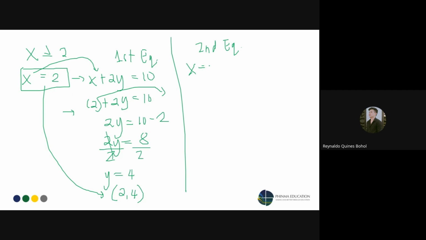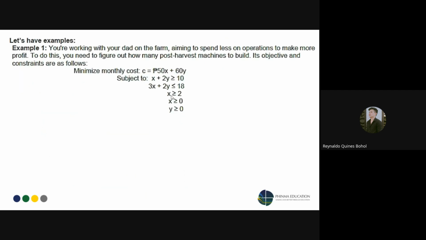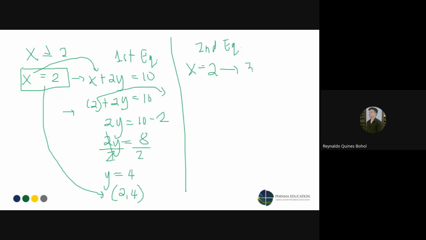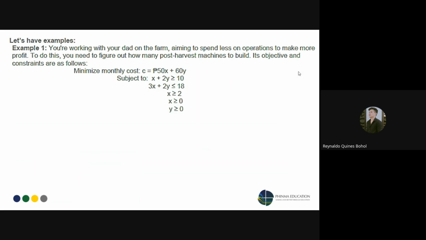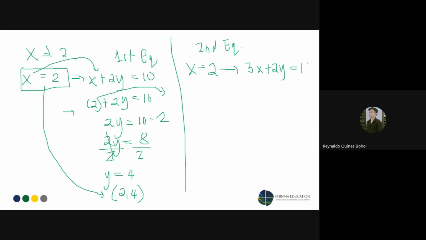So x is equal to 2. So 3x plus 2y equals 18. Kunin natin yung y-intercept niya. Yung 2, lalagay natin sa may x. So magiging 3 times 2 plus 2y equals 18. So yung 6, ililipat sa kabila.